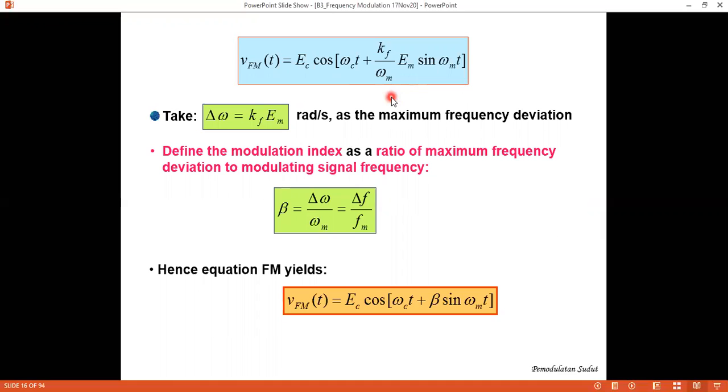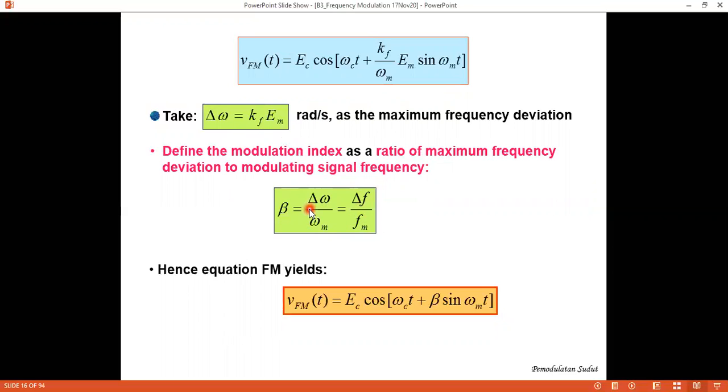This is the general equation after integration, and let's introduce one parameter known as the maximum frequency deviation. The maximum frequency deviation is equal to kf Em in rad per second, and the modulation index is defined as the ratio of maximum frequency deviation to modulating signal frequency, which is equal to delta omega divided by omega_m, or delta f divided by fm.